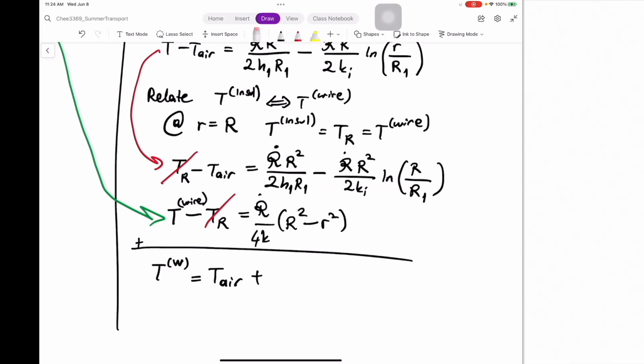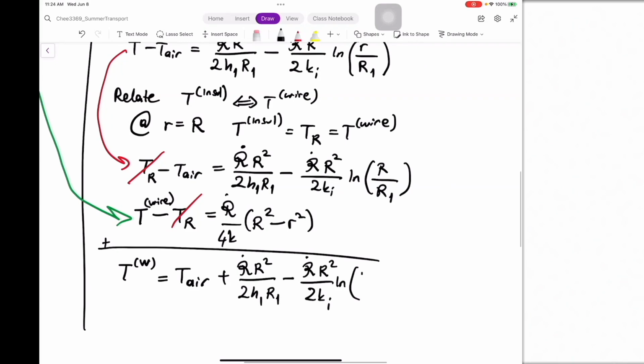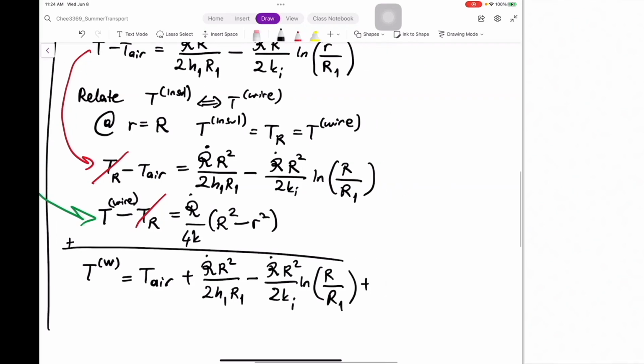Let's write down the constant terms first. Fancy R dot R squared over 2H1 R1, minus fancy R dot R squared over 2K insulator, logarithm of capital R over R1, plus fancy R dot over 4K.